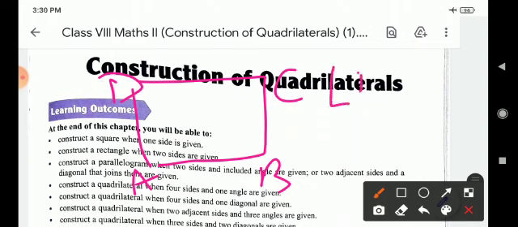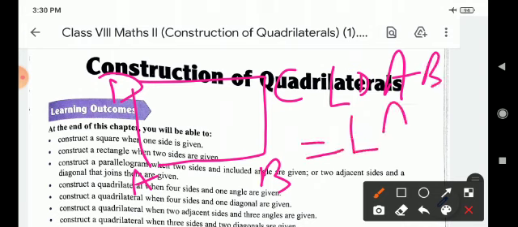For example, angle DAB is equal to angle A. It is the abbreviated form of angle DAB. Now, angle ABC, the abbreviated form is angle B.